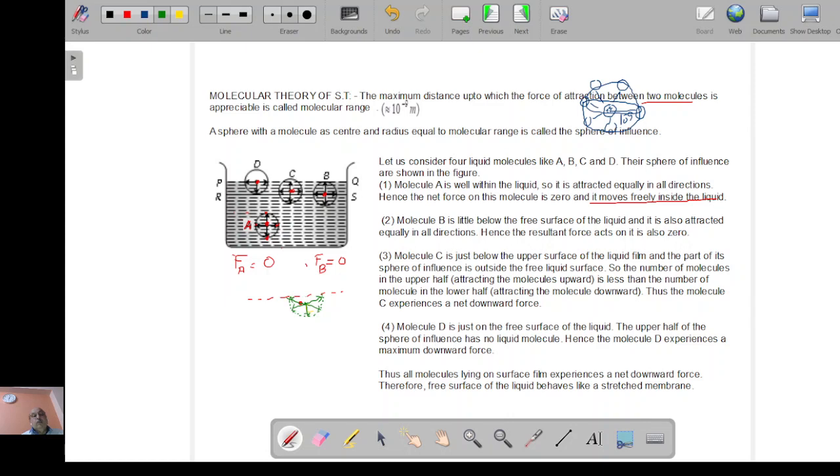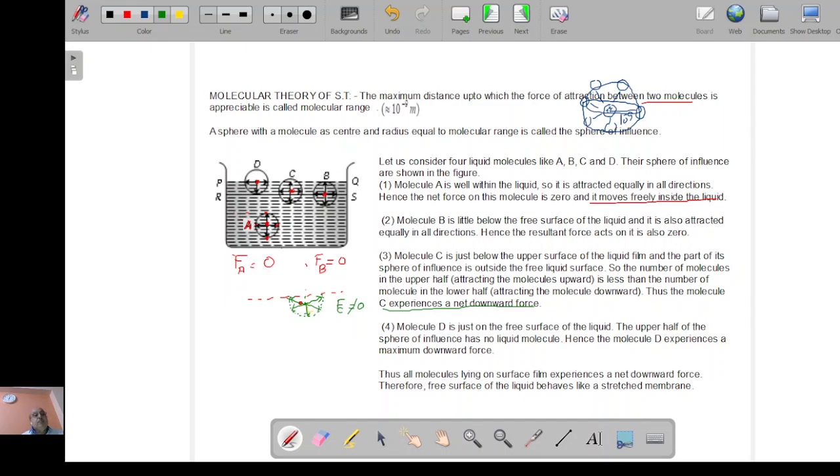As the molecules above the surface will not attract, because in the absence of molecules there, there will be no force of influence. So what will happen? The net force Fc is not zero. It is nearly a downward force. So C experiences a net downward force.